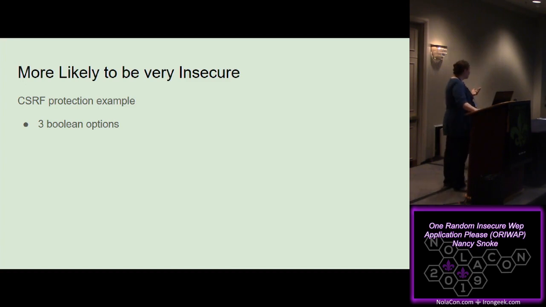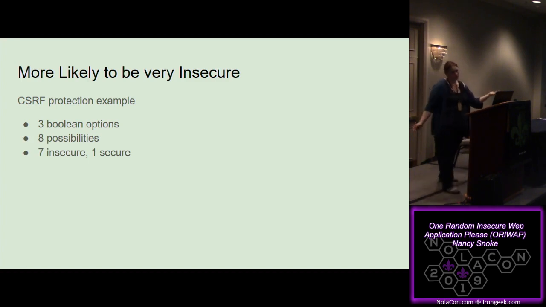And so you have these 3 different Boolean options turning things on, and that gives you, obviously, 8 possibilities. 7 of them are going to be insecure, and only 1 is going to be secure. So you're much more likely to have something that's very insecure. Some of the things, like forgot password, have 8 options going on to do it correctly and securely.